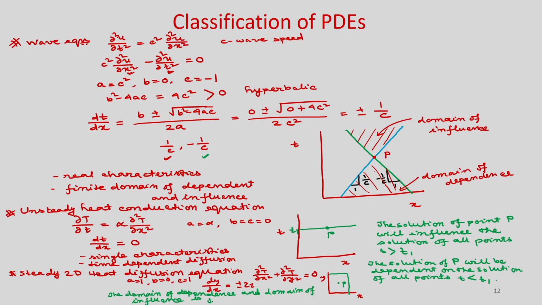What does it mean? The solution of P propagates in all directions, so obviously the domain of dependence and domain of influence will be the entire domain.